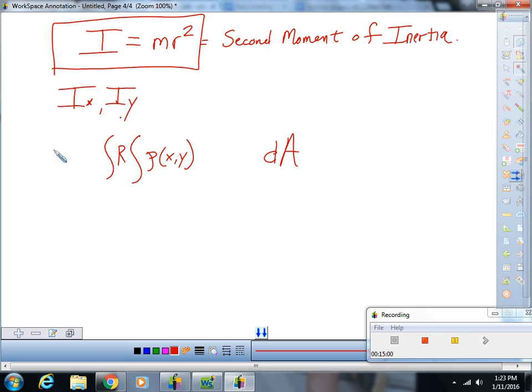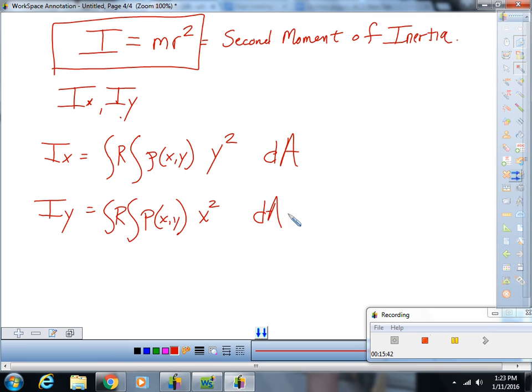Here, this is Ix. Well, it's however many y's it is. So now our r becomes y, and that becomes a y squared. How far is something away from the y-axis? Since we're working in 2 dimensions today, that's going to be x squared. And here we have our formulas for the moments at a given point.